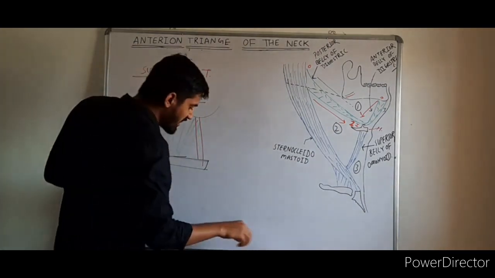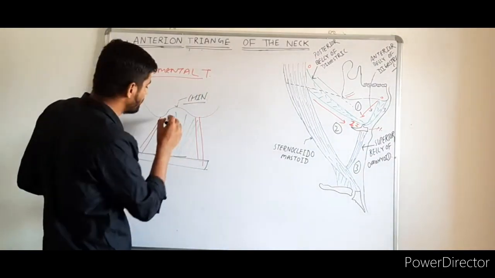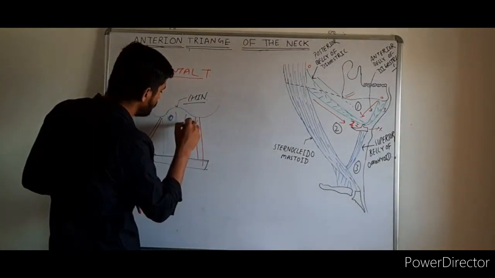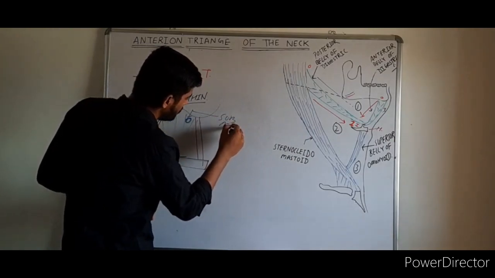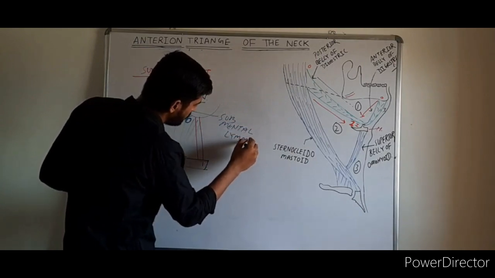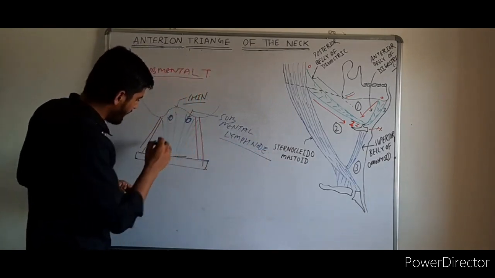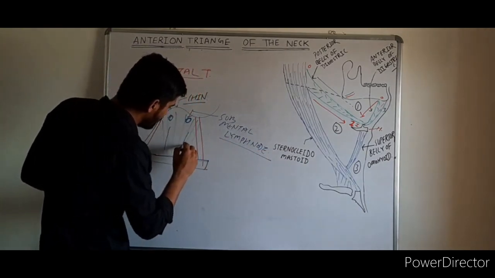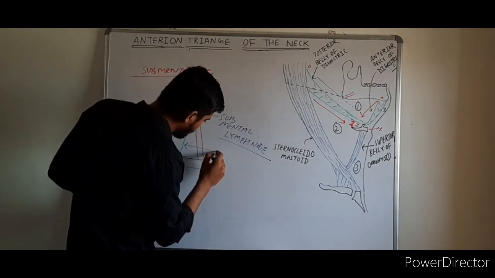What is the content? This is the submental triangle: submental lymph nodes, and veins, the anterior jugular vein.